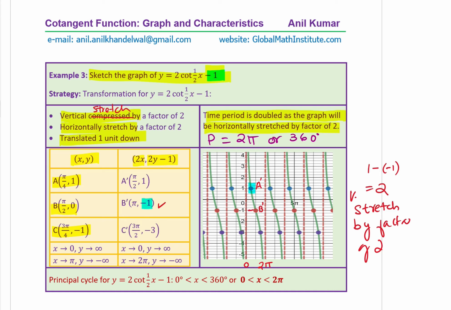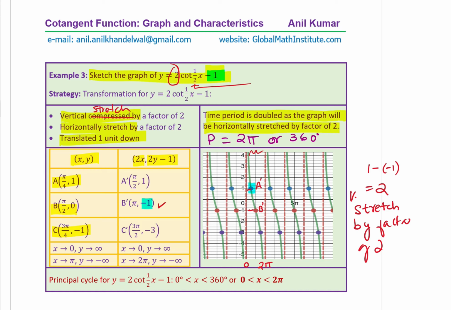So this vertical gap between A dash and B dash really reflects the vertical stretch factor of 2, correct? And the distance between the vertical asymptotes is reflected by the period, correct? That is how you could actually relate them very easily.